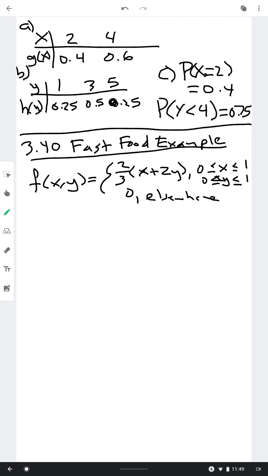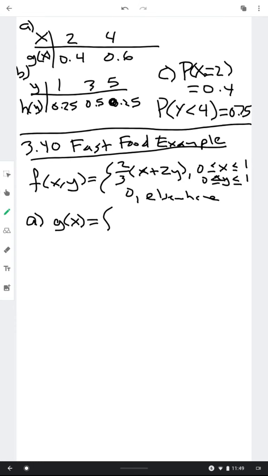And we want to find the marginal density of x. So g of x. Here I'm going to be integrating over all my y's, so that goes from 0 to 1.